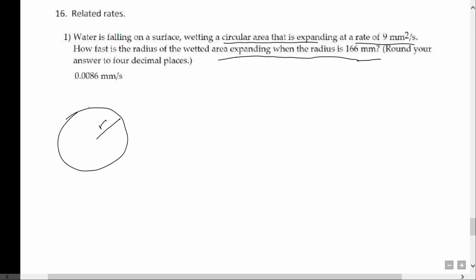The area of the wetted area is equal to pi r squared, and we know that area is changing at the rate of 9 square millimeters per second, and we want to know what dr dt is.